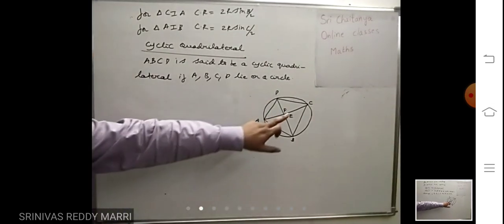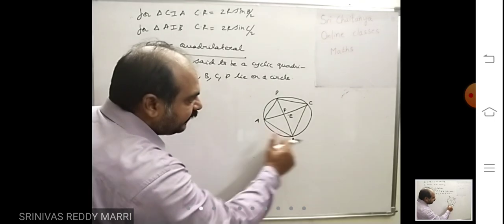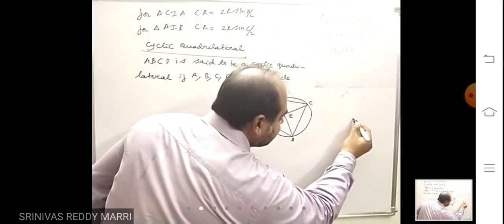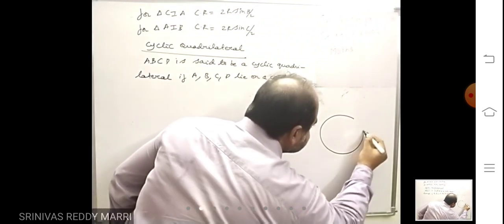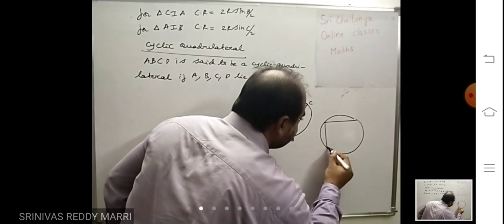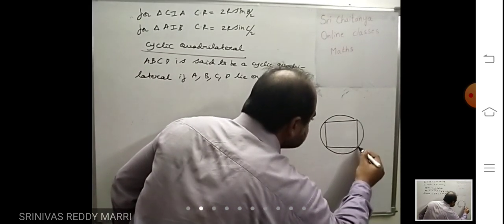If this quadrilateral is a square, then the intersection point will also be the center of the circle. Look at here, suppose I am writing a square.